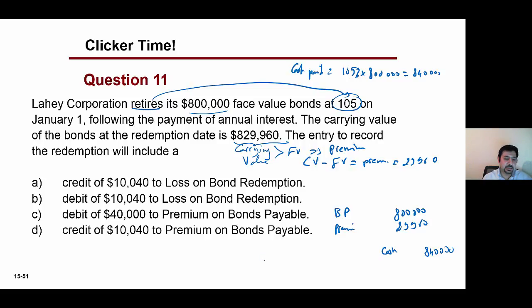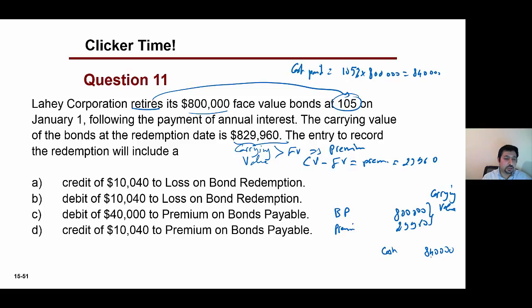And the difference between those two are again the carrying value. So the difference between the carrying value and the cash that was paid by the company will be either a loss or a gain.